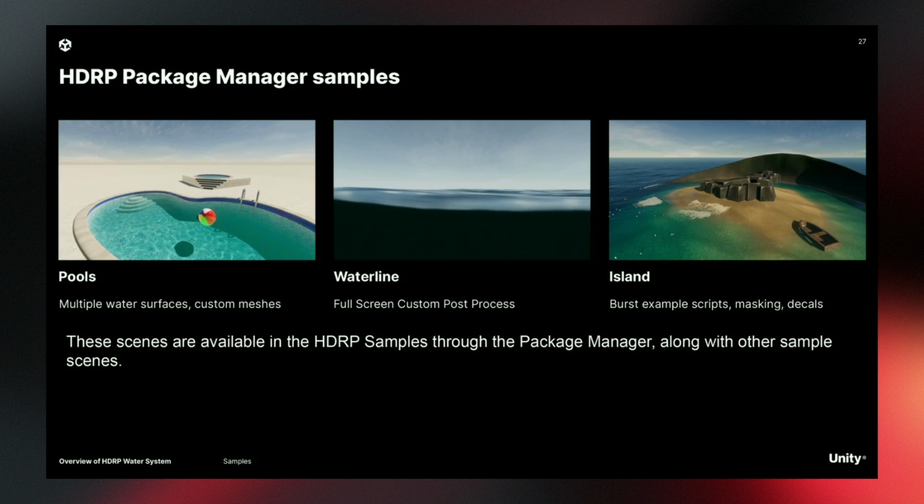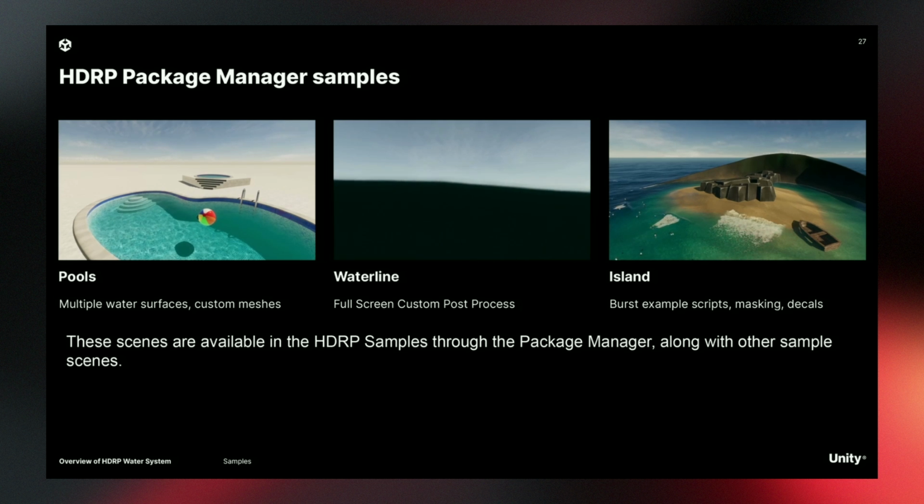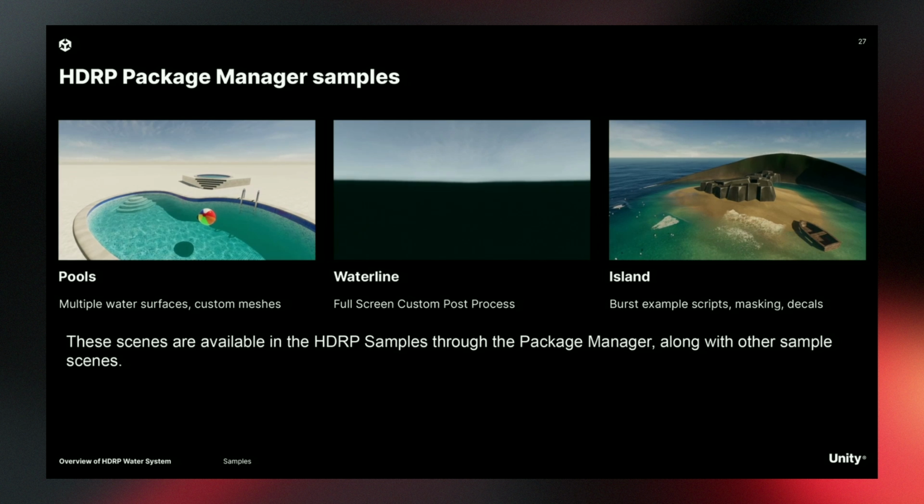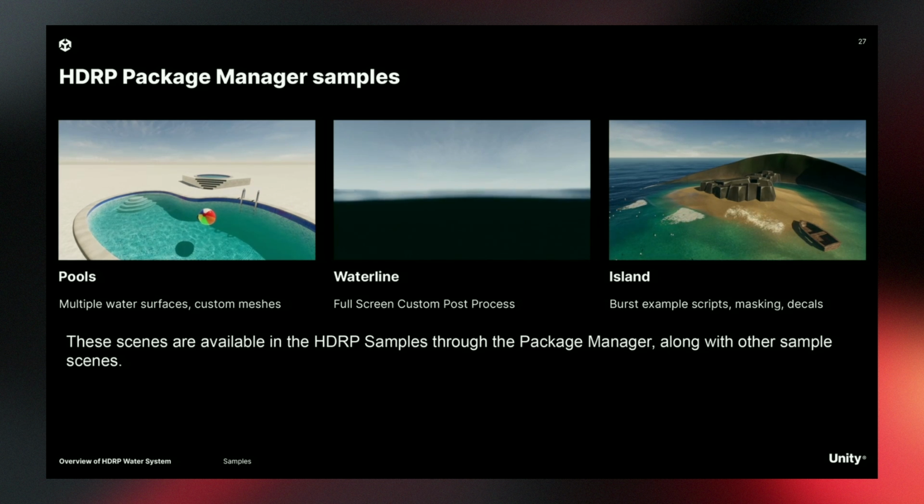There is the island scene, which focuses on how to make shore waves, how to make foam literally outside the water surface with decals and a flipbook and animation, all that stuff. It's also using Burst to make the seagulls, which look like dots here, but I'm sure they're seagulls, float on the water at a reduced cost.